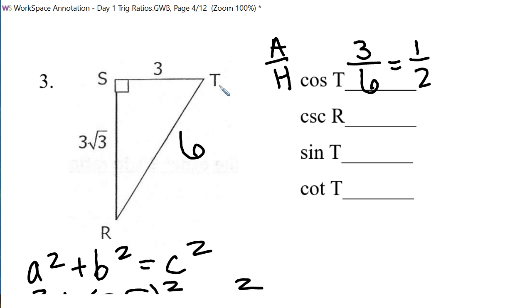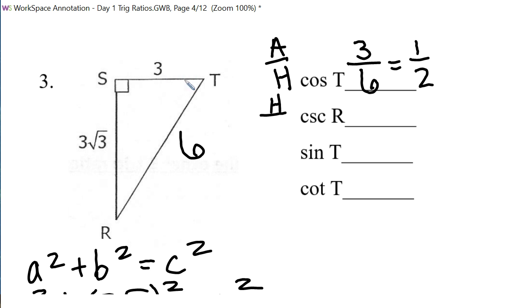Now we want the cosecant of R. What is the reciprocal of cosecant? Sine. So if sine is opposite over hypotenuse, how would you find cosecant?